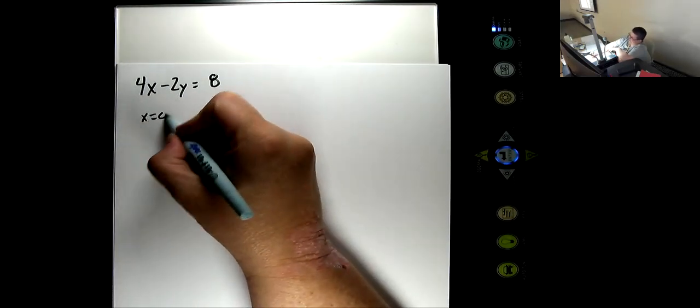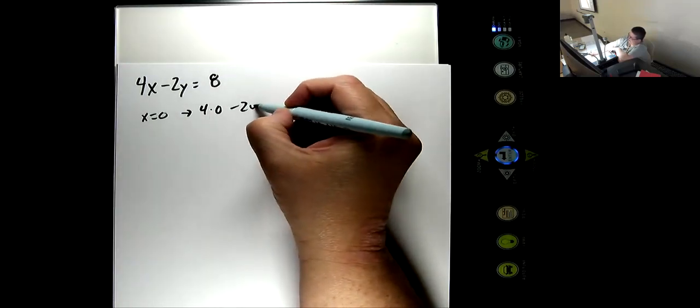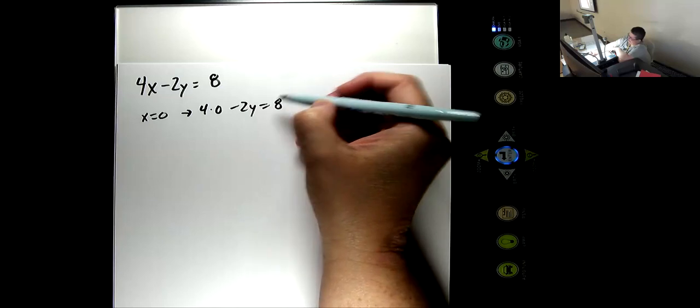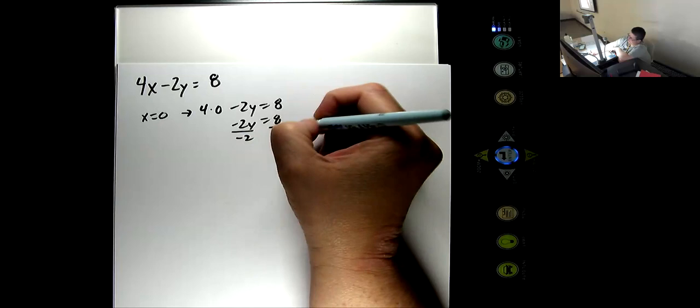When x equals 0, we have 4 times 0 minus 2y equals 8. So negative 2y equals 8. Divide by negative 2, and I get y equals negative 4. So I get the point 0, negative 4.